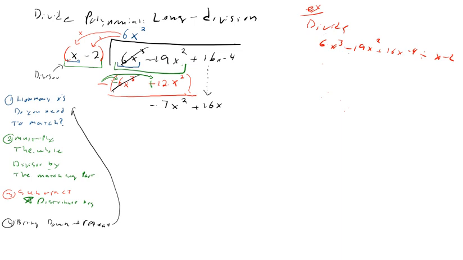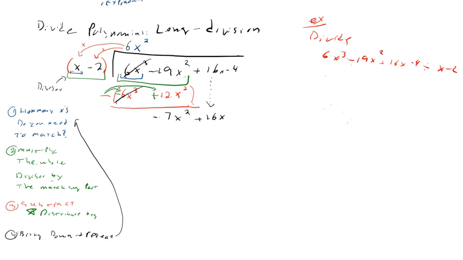Now the part I'm looking at, I want this x to be equal to negative 7x squared. I need my x to match negative 7x squared. So what number do I need in front? I need negative 7 in front. If I've got 1 x, I need 1 more x. So that's negative 7x.